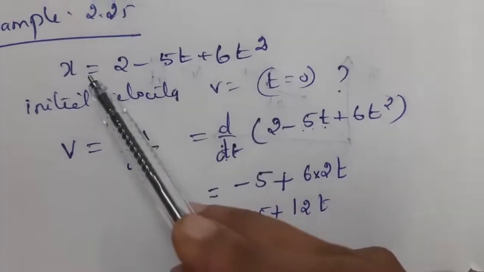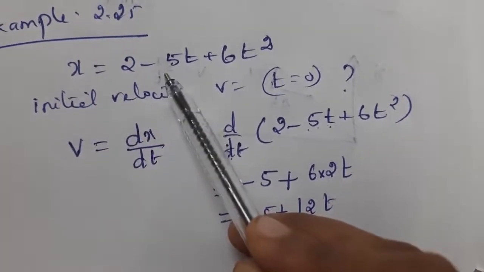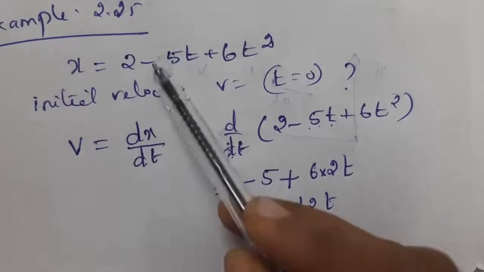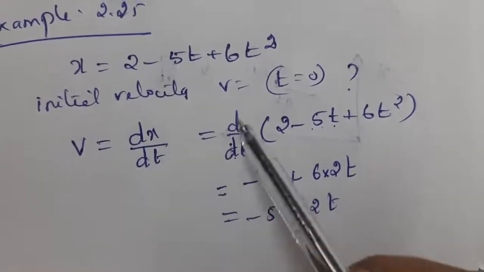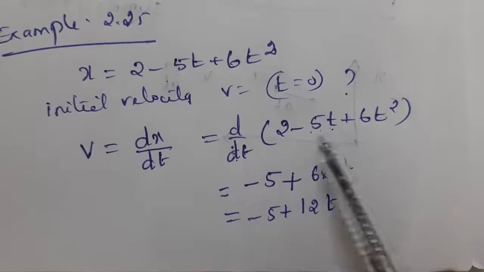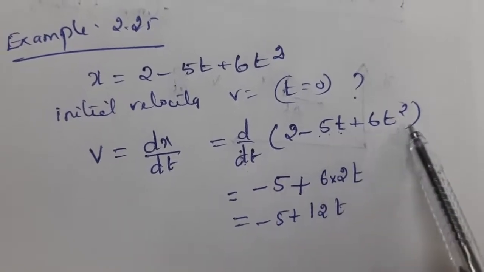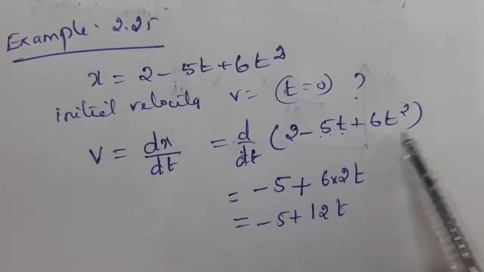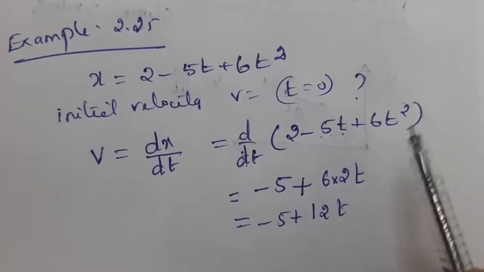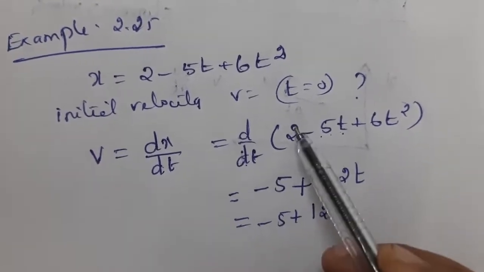Students, listen. The position is given, and we have to calculate the velocity, so we have to differentiate, dx by dt. So d by dt of this position 2 minus 5t plus 6t square. The position varies along only the x-axis. Differentiation of this number, the constant, is 0.